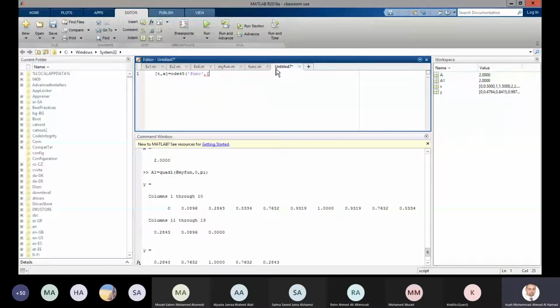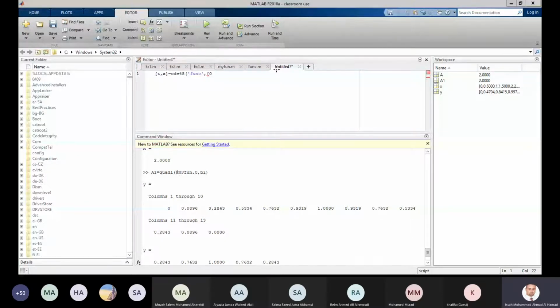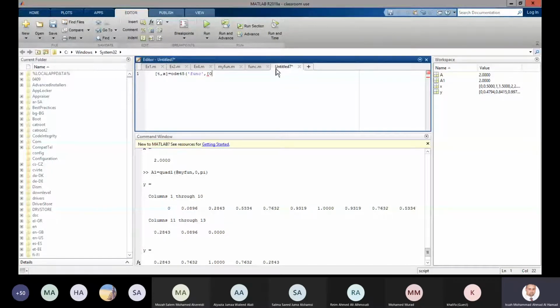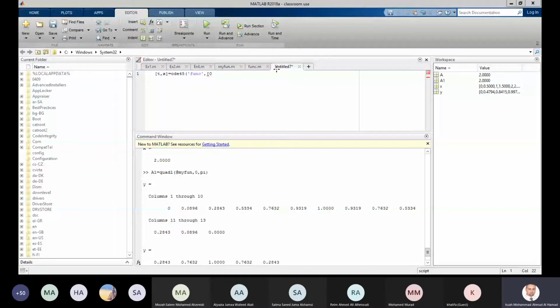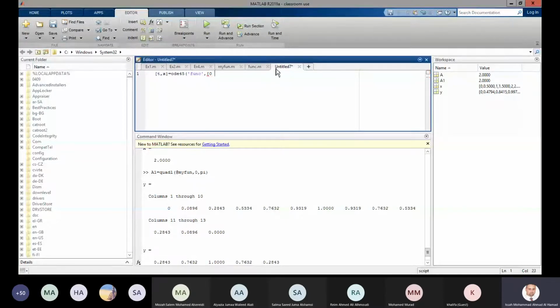Now you use the initial conditions. If you go back to the initial conditions, you have 0 and 5 and 0 and 3. So this is 0, 5, 0, 3. I'll tell you now what is meant by this.